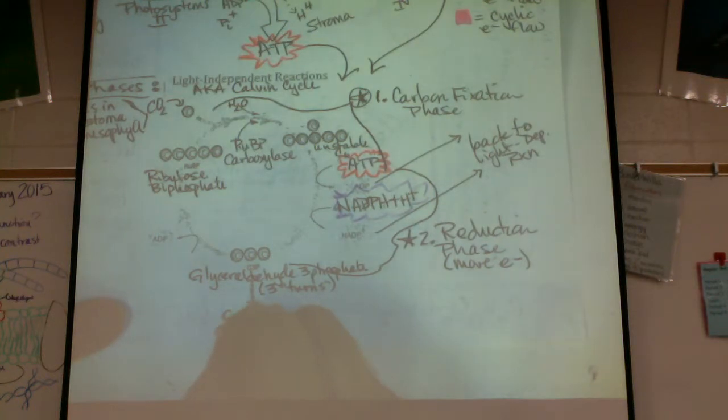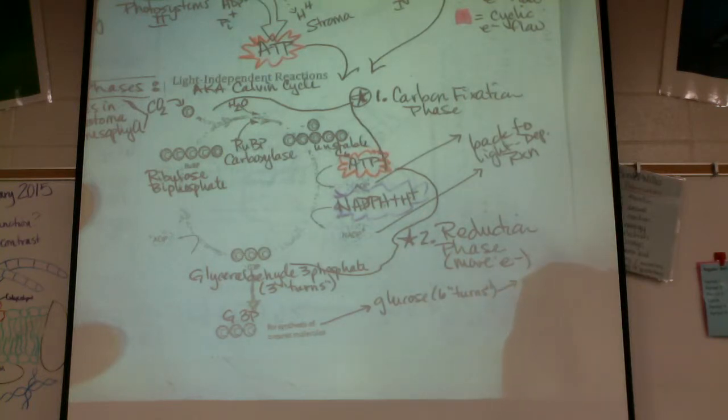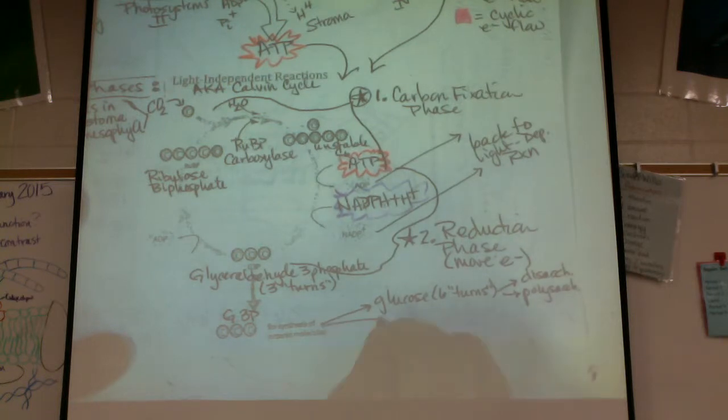So here is our G3P that ends up out of the process that can then be used to make glucose if it does 6 turns of this, which then can be used to make disaccharides, or polysaccharides, like cellulose, so a plant can have cell walls. This G3P can also be used to make proteins for that plant.